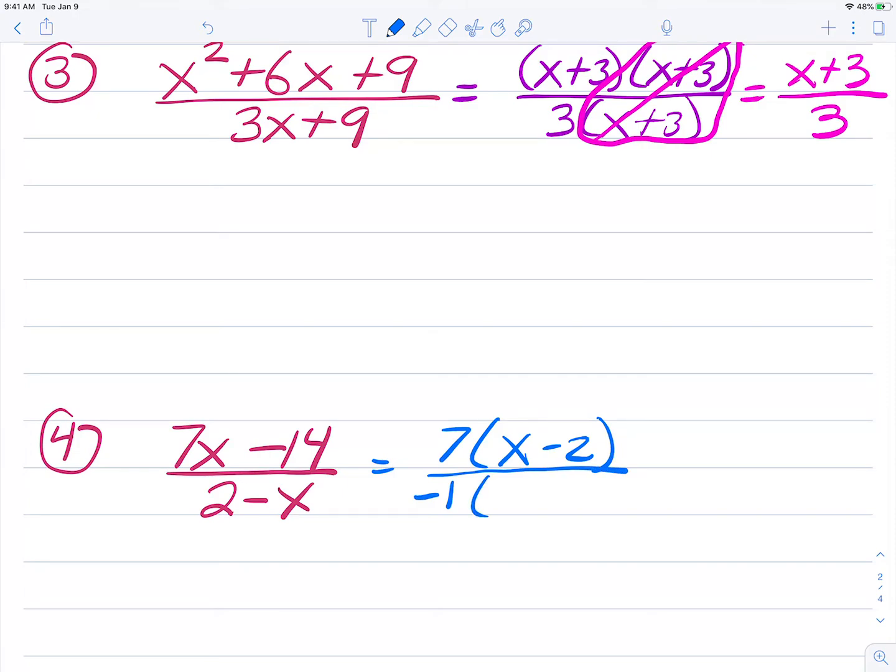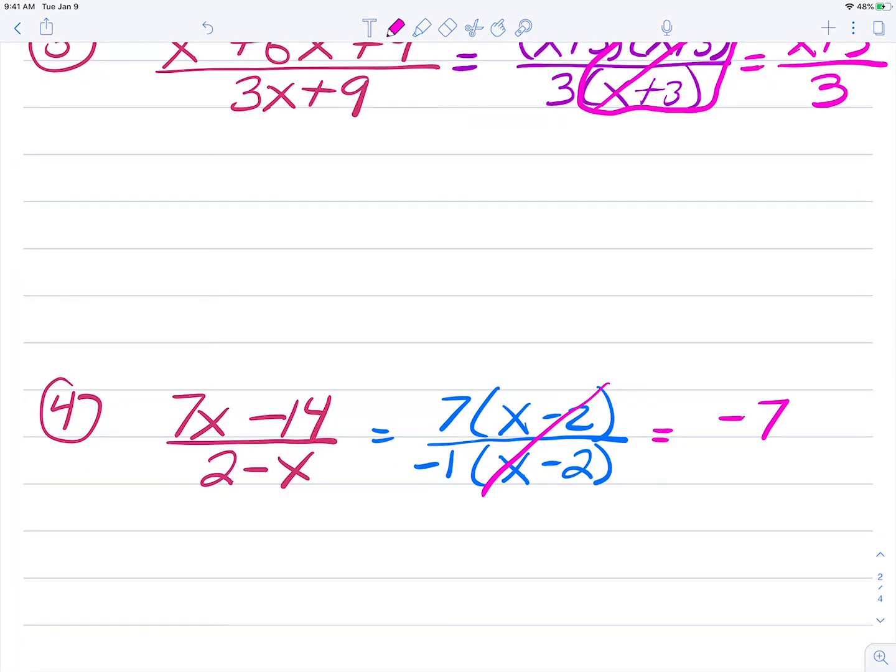Because if you factor out a -1, the 2 would become negative and the x would become positive, essentially switching it, flipping it over. And now I have matching binomials, which can be reduced to 1. And 7 divided by -1 is just -7. So if you need to flip over a binomial, factor out a -1.